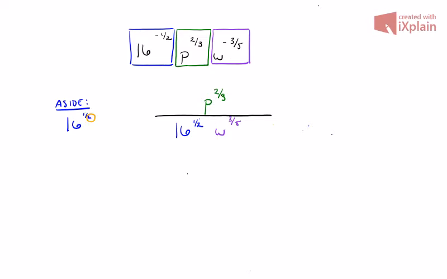Again, if I were to write this from an exponential into a radical, I can note that my denominator is a 2, so I have a square root of 16 raised to the 1st power, or in other words, just 16. Well, the square root of 16 is just 4. So I could rewrite this as p to the 2/3 all over 4 times w raised to the 3/5.